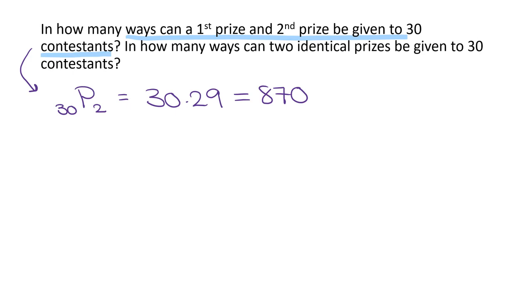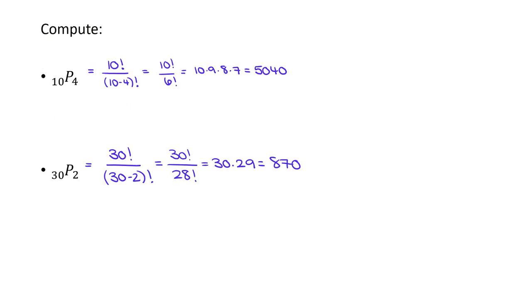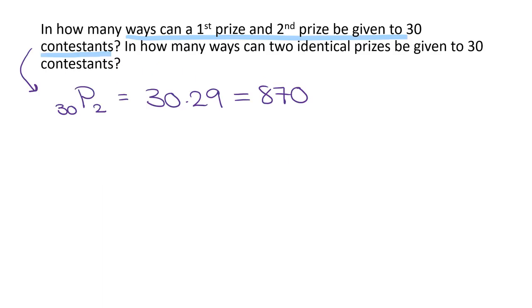So picking 2 people out of a group of 30. So that would be 30P2. I did this computation already on the previous slide, so I won't do the work again, but I ended up getting 870. So there's 870 different ways that I can give a first prize and a second prize, so pick 2 people out of a group of 30 to win prizes.